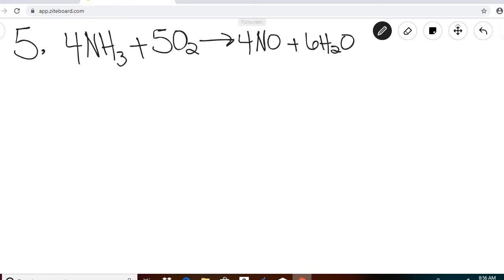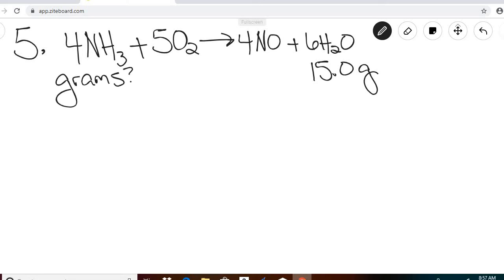If you want to make 15 grams of water, how much NH3 in grams do you need? So we want to make 15 grams of water, and we want to know how many grams of this.